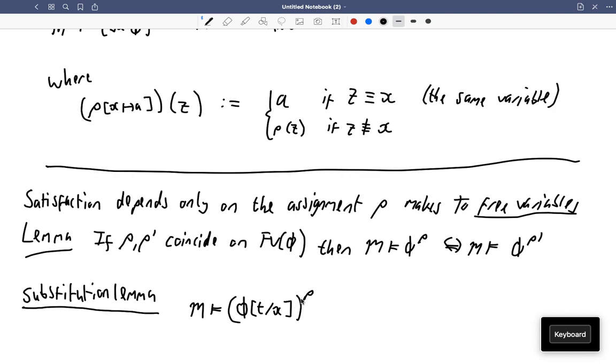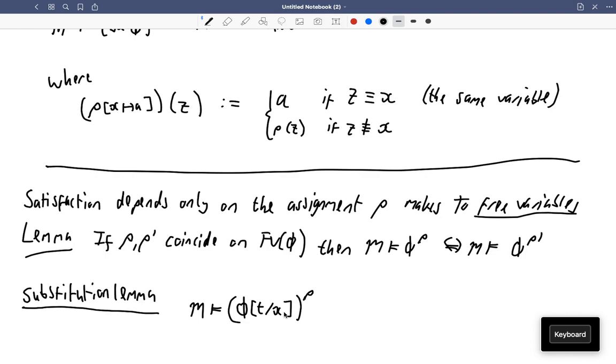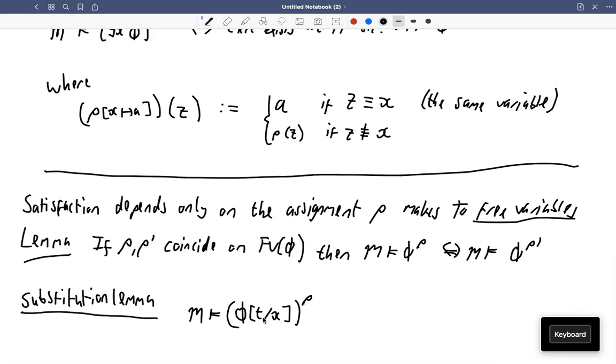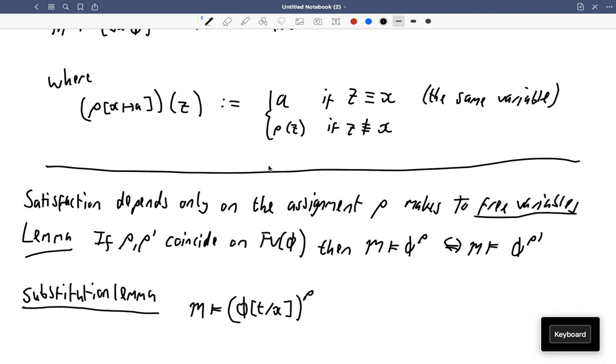So how do we decide whether or not this is satisfied? Really, we would need to go through the whole definition, though this formula has pretty much the same structure as the original formula phi, only at the term level, inside the atomic formulas at the bottom, some variables have been replaced by the terms t. We could unwind all these definitions, but that would be rather long and complicated.